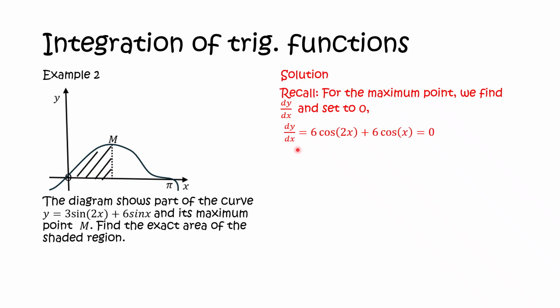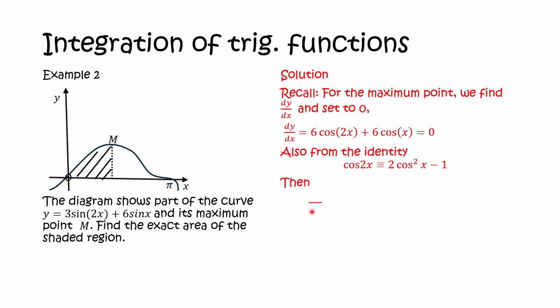And from there, we get the values of x that would give us the point at which the graph hits its maximum. Great then. So dy/dx would be 6 cos 2x plus 6 cos x is equal to 0. We also know from the half angle identity that cos 2x is equal to 2 cos squared x minus 1.